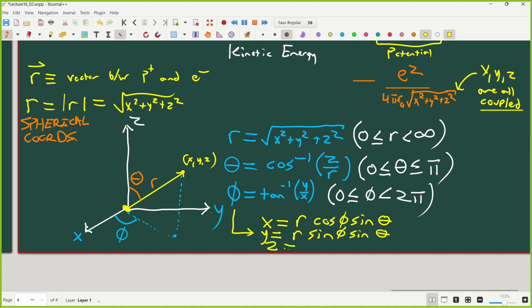And z is equal to r cosine theta. Okay, so these are our conversions. We won't have to do that many of these conversions, but it's nice to have them written down because eventually we're going to have to take integrals of our wave functions, and we're going to want to think about how to convert our integrals from x, y, z into spherical coordinates.